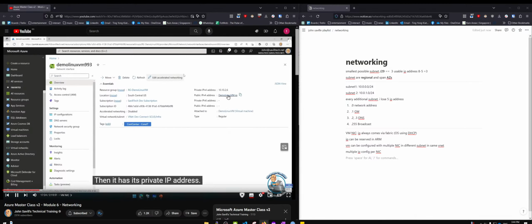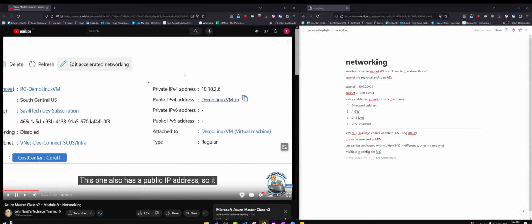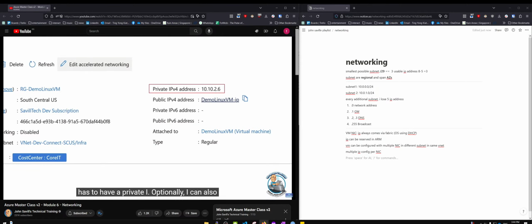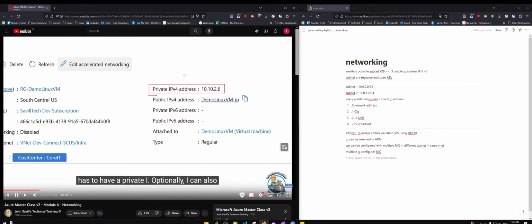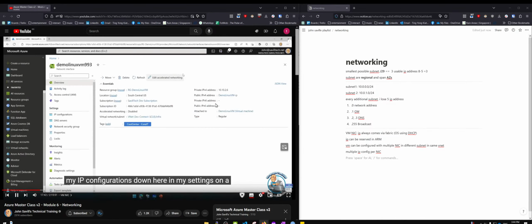And then it has its private IP address. This one also has a public IP address. So it has to have a private IP. Optionally, I can also bind a public IP. And then I can see it's attached to a particular VM. It does not have IPv6. We'll come back to that.